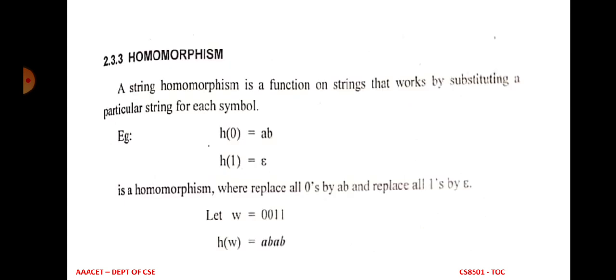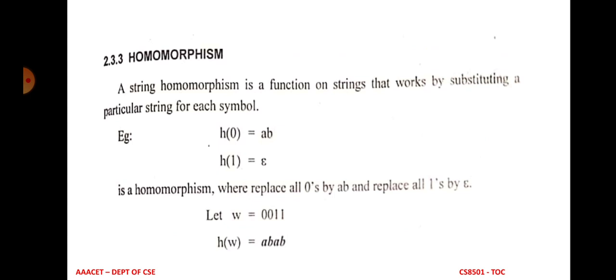So the last theorem is homomorphism. It is an important question. The homomorphism is a function on a particular string that works by substituting a particular string for each symbol, which means it is a function used for mapping each symbol to a particular string.